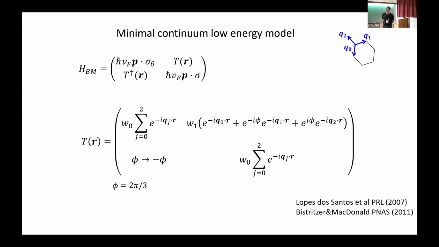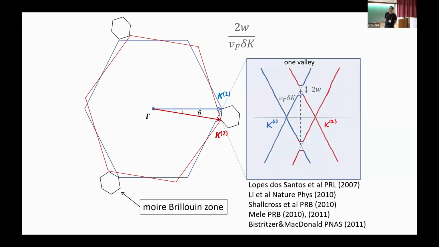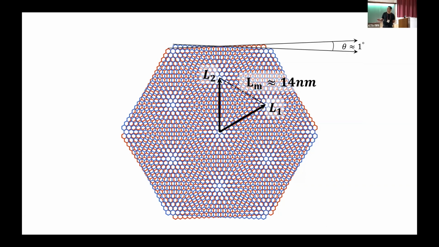Physically, W0 corresponds to tunneling through the so-called AA regions. If we go back to this picture, there are regions in real space where you see these honeycombs are sitting on top of each other. These are called AA regions because you have locally AA stacking. And there are other regions, for example, over in this region over here, where it's more like AB stacking.